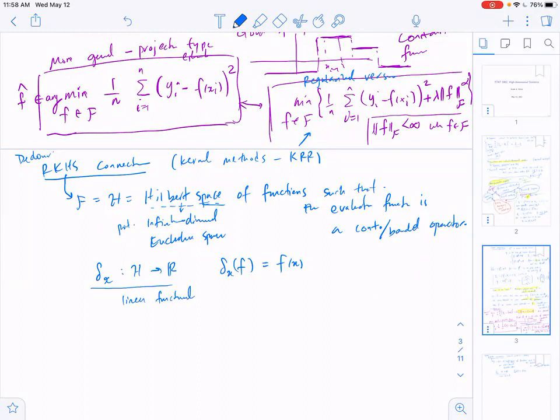You can easily see that it's a linear functional. If I add two functions and evaluate them, the result at x is f of x plus, let's say, g of x. So it's a linear functional.